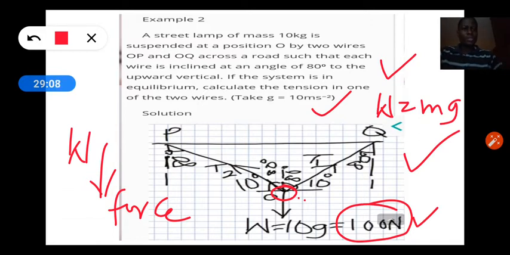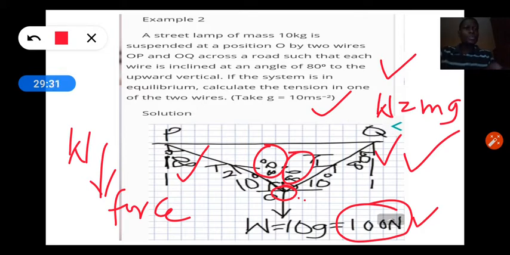Look at it, I interpreted that here. Upward vertical, that's vertical. 80 degrees, and that's the same thing we have here, 80 degrees. So that's why we have the 80 degrees there.